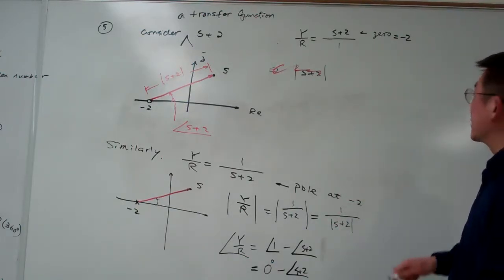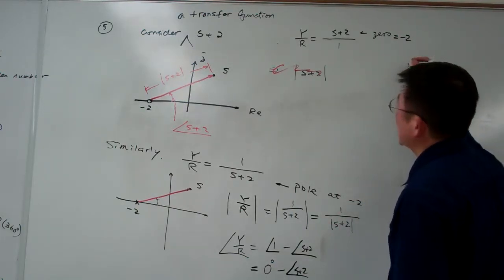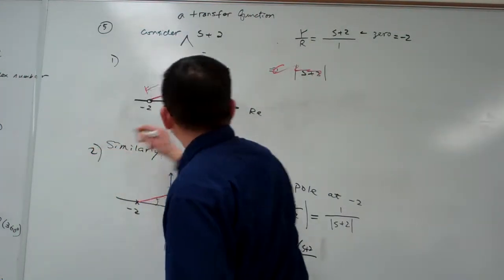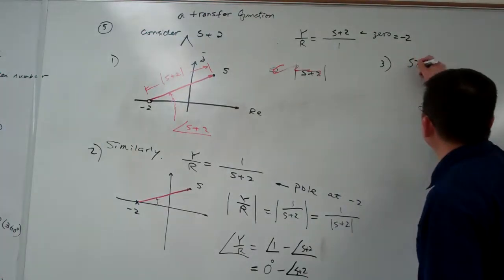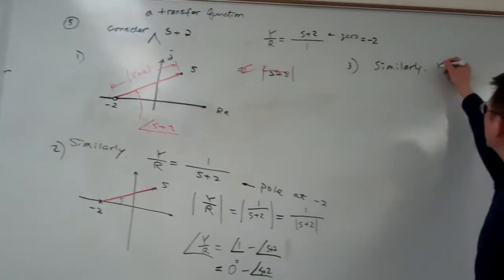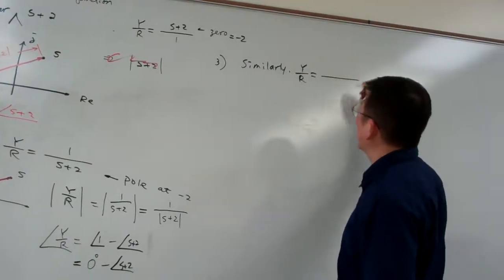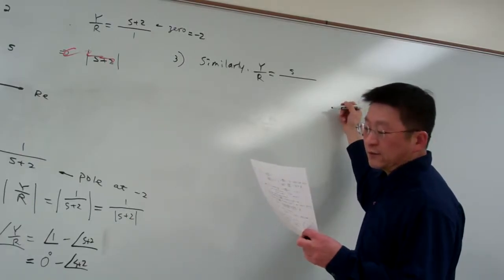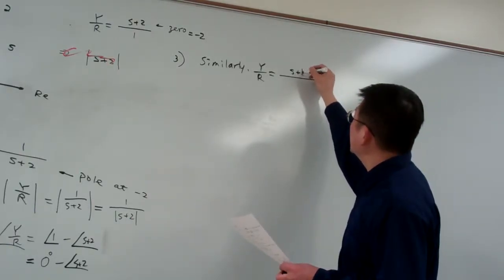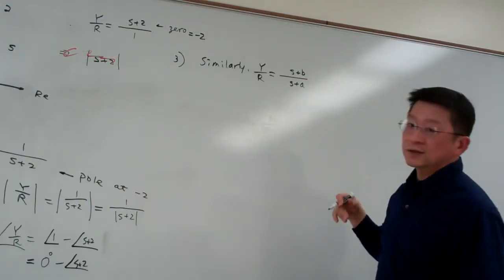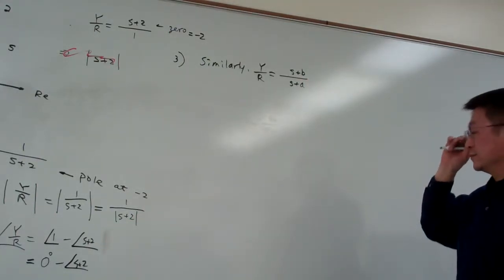Combine the two things together. I would say this is 1, this is 2, and 3, similarly. So if we have a transfer function, for example, let me make up one: s plus b over s plus a, where a and b are certain real numbers.